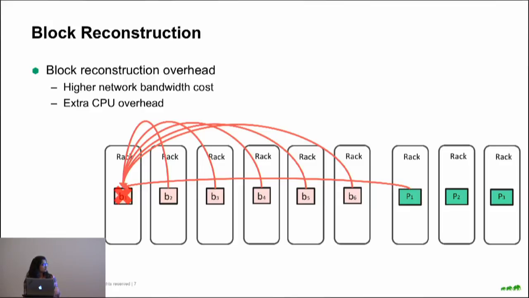So if we used Reed-Solomon for generating the parity blocks, we can use the same scheme to decode B1 from the other 6 blocks. Compared to the 3 replica strategy, where block recovery is done by simply copying over the lost block from one of the replicas, block recovery for erasure coded blocks requires higher network bandwidth and also some extra processing.